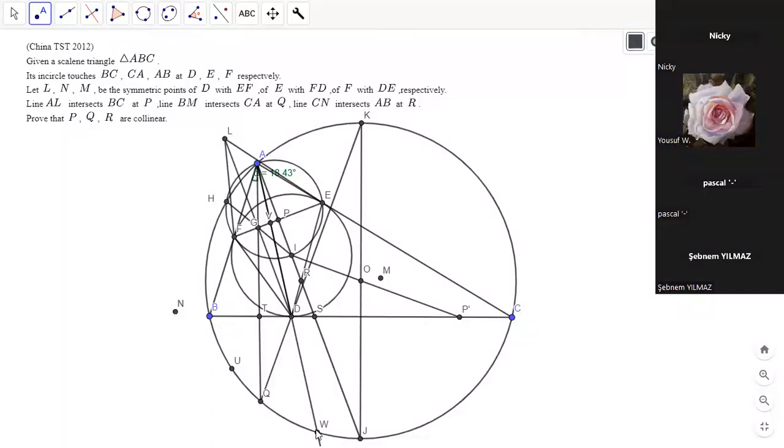Yes. So that would be B, C, W, and Q, right?